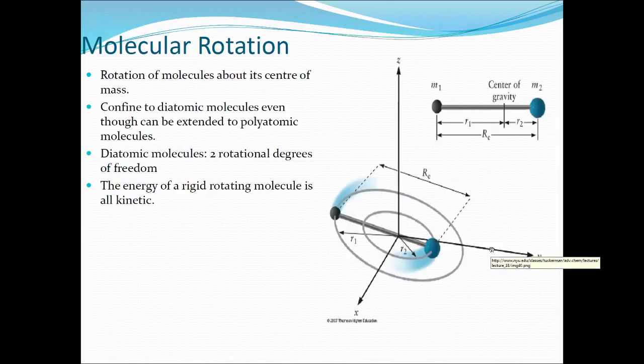But before that, you have to review your previous topics in semester 1. If I'm not mistaken, you have studied the center of gravity. You have two atoms here, M1 and M2, and you have to find the center of gravity.